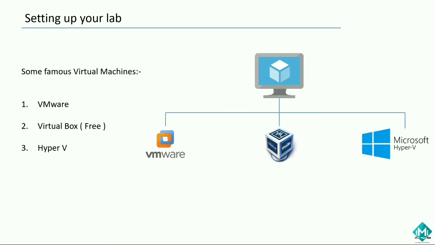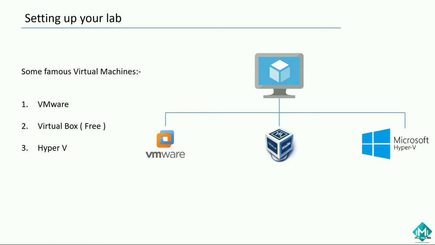Now there are some famous virtual machines that you could use. I've listed them here, and you will find all of the links in the description. First one is VMware. This is a paid application. The pro version of this application is paid, but you can get the product key. I have given the GitHub link in the description where you can find the product key.